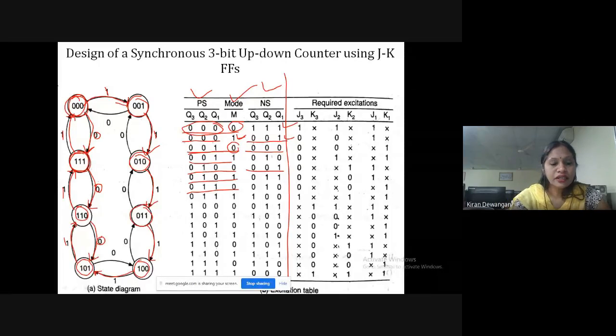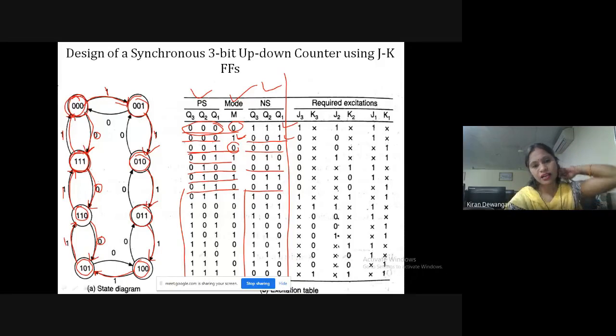So here we are taking the present state and the mode, and accordingly we'll write the next state. We'll write the complete table of present state, mode and next state just by seeing the state diagram. The state diagram was very simple. As I've said, we write the states represented by circles, the circles have all the 8 states, and we connect the circles with arrows showing the mode.